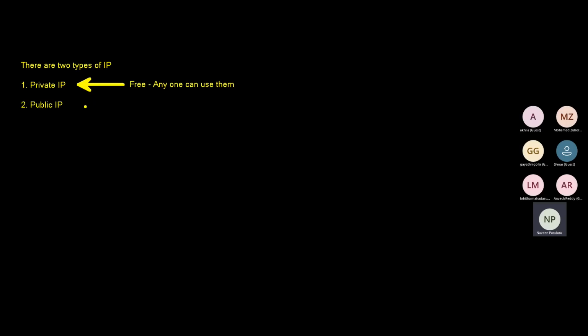Next thing is public IP. Public IPs are chargeable. That means if you want to use a public IP, you need to pay money to the internet service provider.